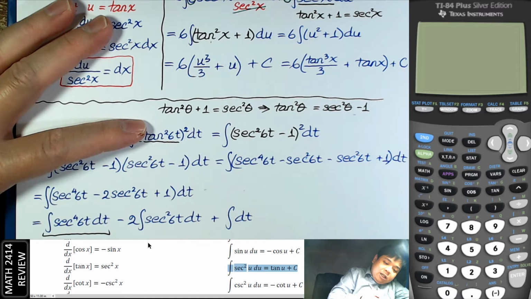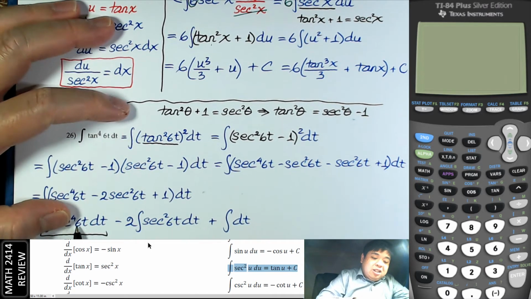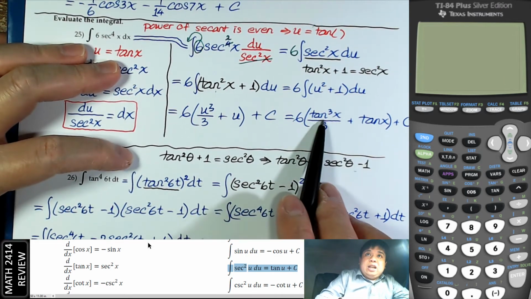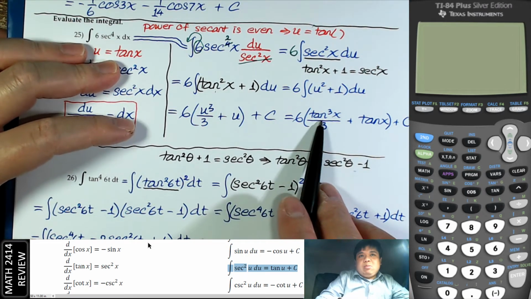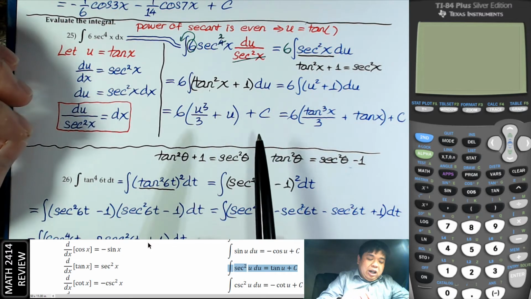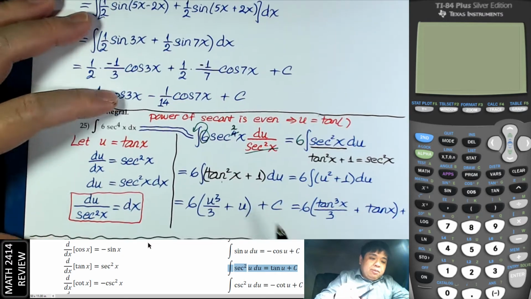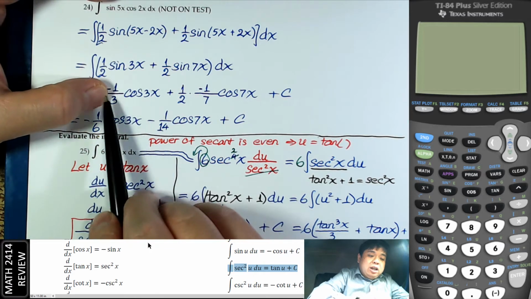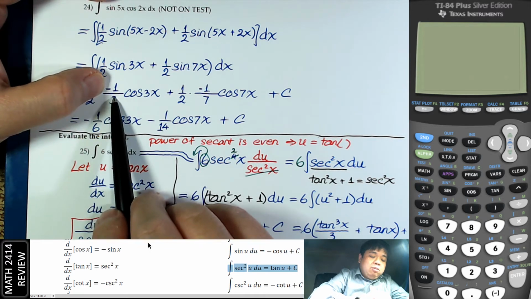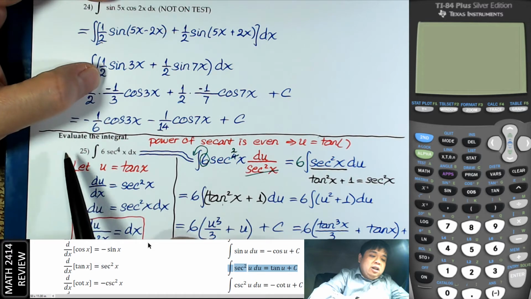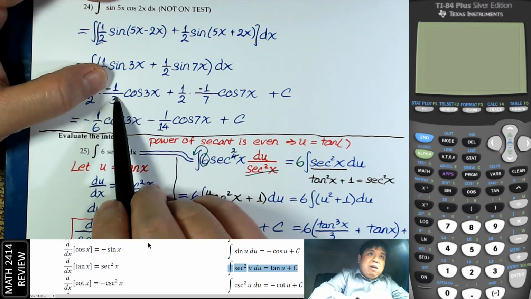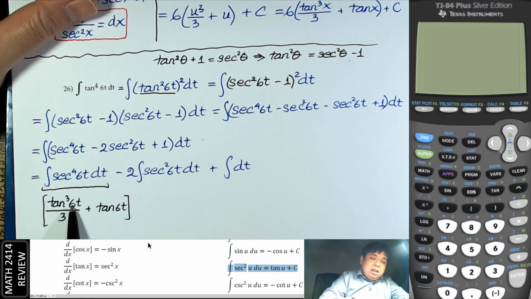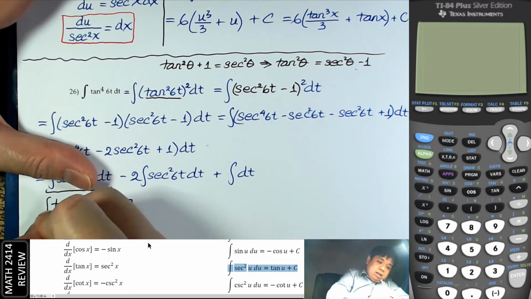Now there's a problem here, there's a 6 here, whereas here we don't have it. Just like any integral, the integral of sine of 3x is cosine of 3x and then divide by 3. It happens to be negative. So if there's a 3, we divide by 3. Now if there's a 6, we do divide by 6.